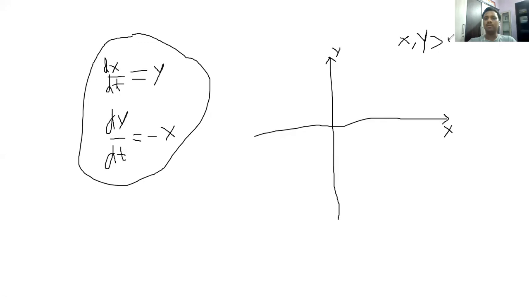This is the first quadrant. Similarly, in this quadrant x is negative and y is positive. In this quadrant, x is negative as well as y negative. And in the fourth quadrant, x is positive and y is negative.